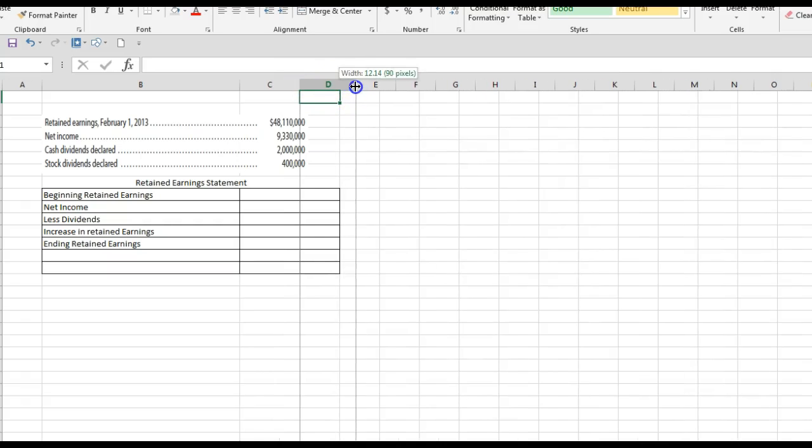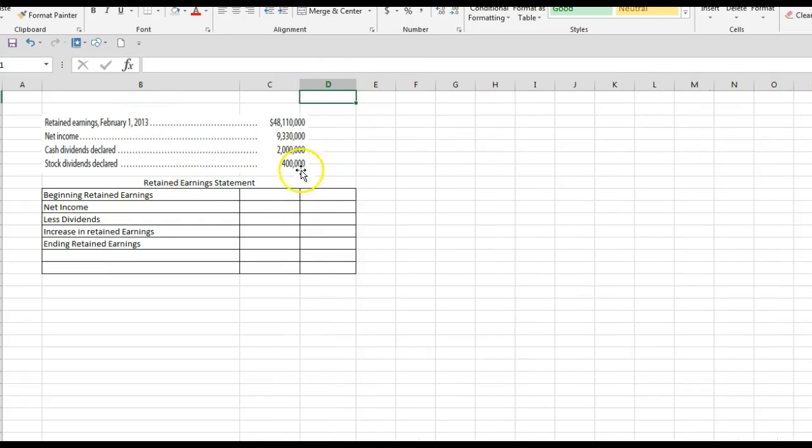We started with 48 million. And we're going to adjust that, obviously, just like we always do. So what's our net income? They gave us net income of 9,330,000. And we're going to subtract the dividends. I'm just going to put a minus there of 2 million.